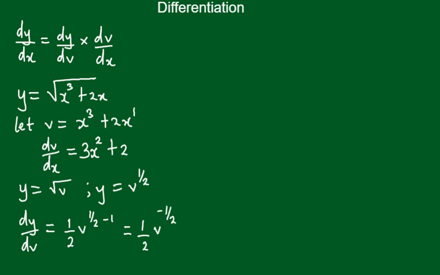So let's now substitute these derivatives into the formula so that we can find dy dx. So dy dx is equal to dy dv, that's half. I'm going to write it in this way because v to the power of negative half is the same as 1 over square root v.